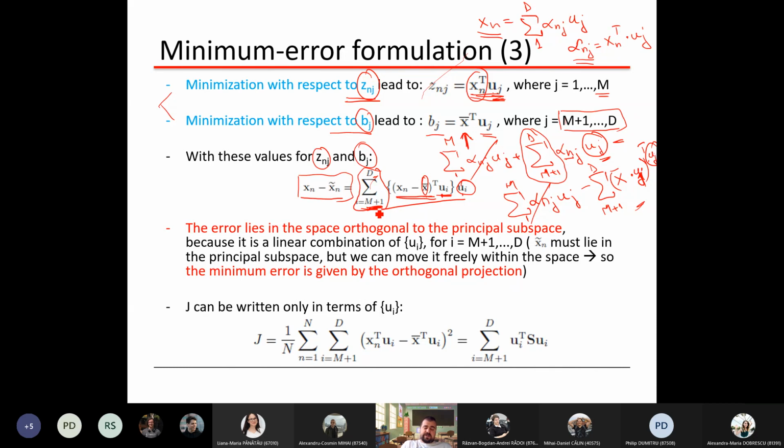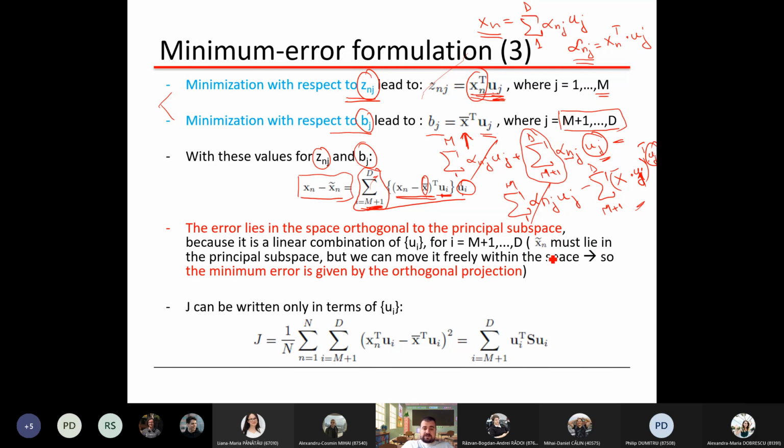And since the basis vectors that I have chosen are orthonormal, it means that the error is orthogonal to the principal subspace, in the other dimensions.